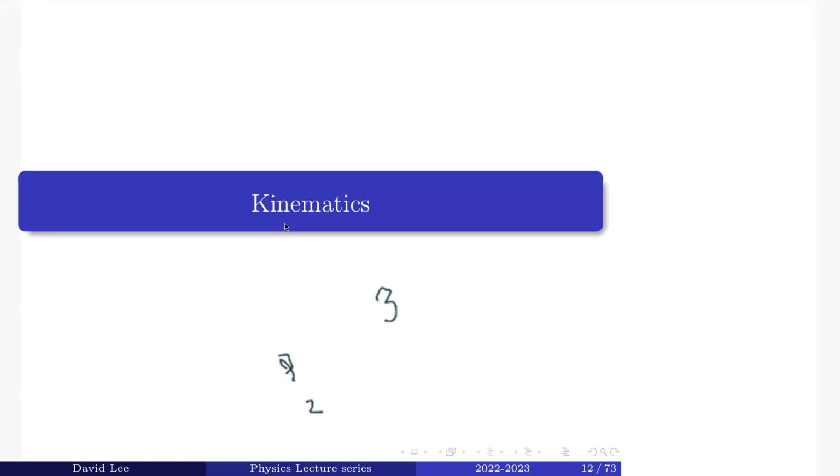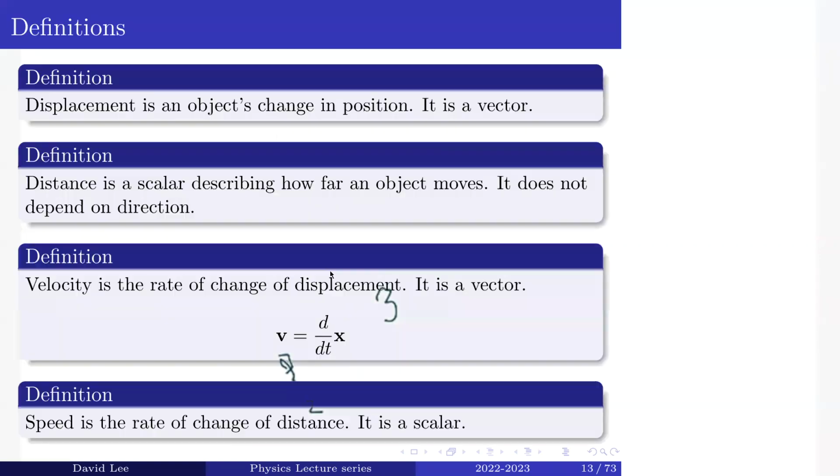Okay. Now let's go on to a bit of kinematics. All right, so first some definitions to review. Displacement is a vector and it's based off of an object's change in position.